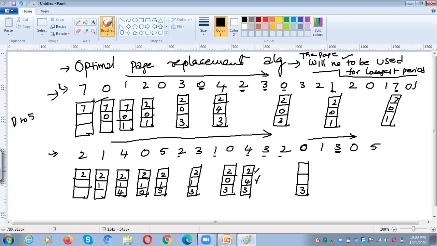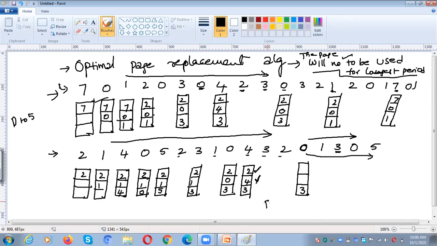In that case, among 2 and 4, which one? After 0, 2 is not there and 4 is not there. Which one would you like to replace with the required page?